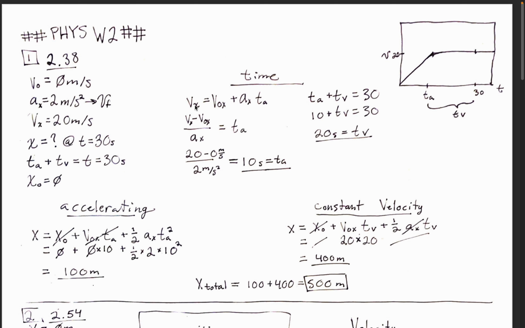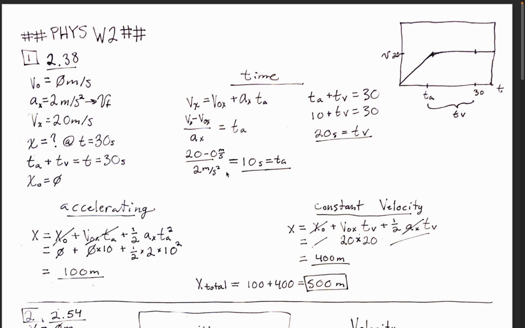So to find time, we have the final velocity, we have the initial velocity, that's 0, right? We have acceleration and we need time, so we rearrange this equation over here. So velocity final minus velocity initial, all divided by the acceleration equals the time that it is accelerating.